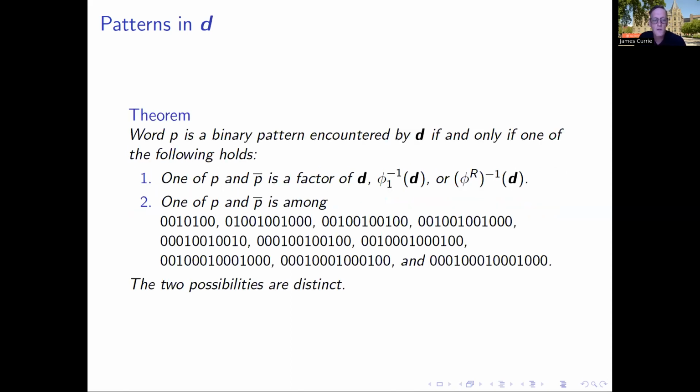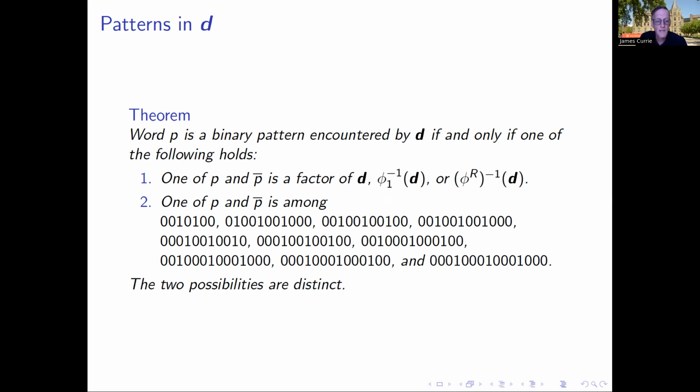And so here's the theorem. Word P is a binary pattern encountered by the period doubling word if and only if one of the following holds. One of P and the complement of P is a factor of D, or of phi inverse of D, or of the inverse image of D under this reverse morphism.